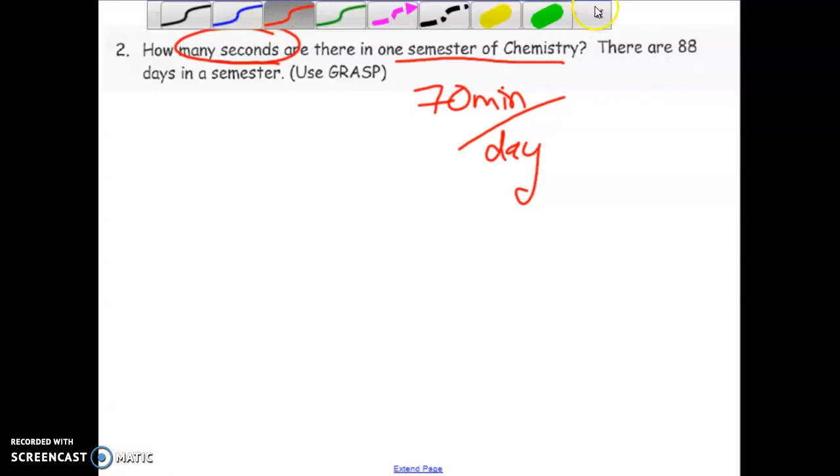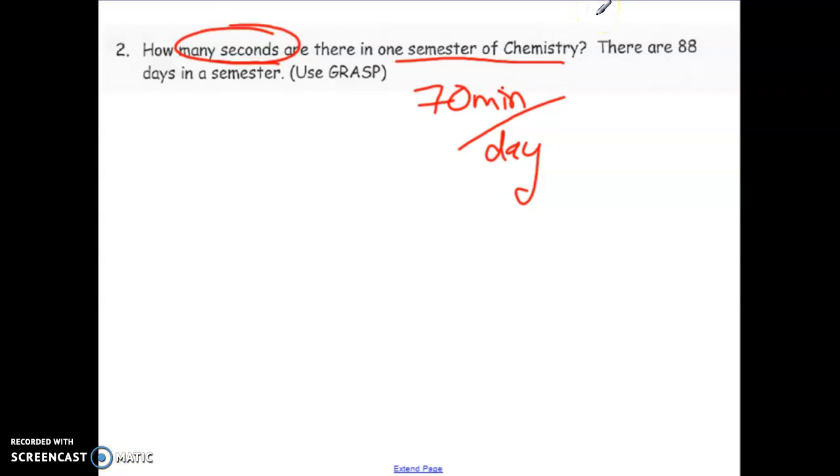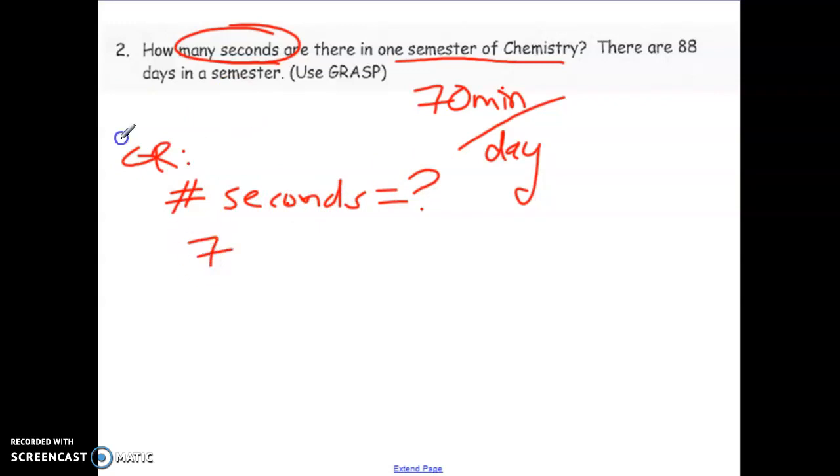Okay, so let's take a look at the information that we have. We know that one semester is 88 days, and we have 70 minutes. So let's write out what we need. We want the number of seconds total. We know that there are 70 minutes in one day.